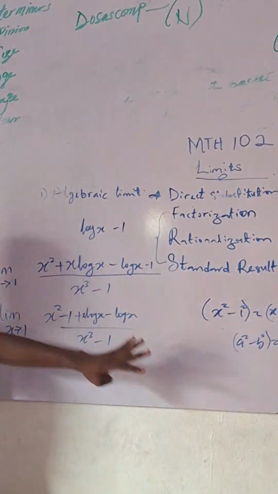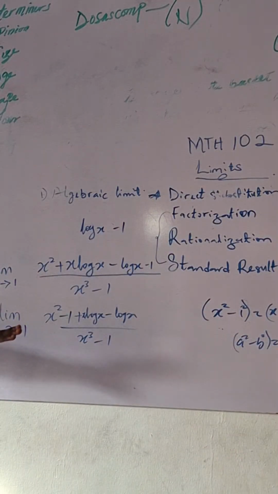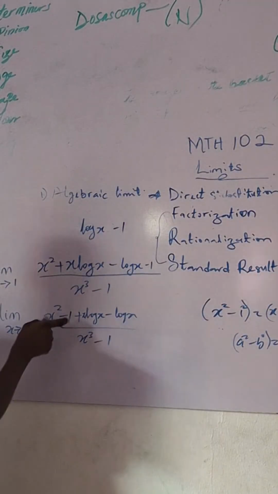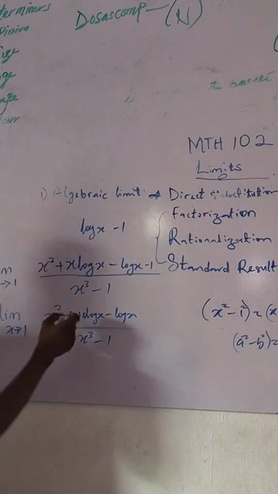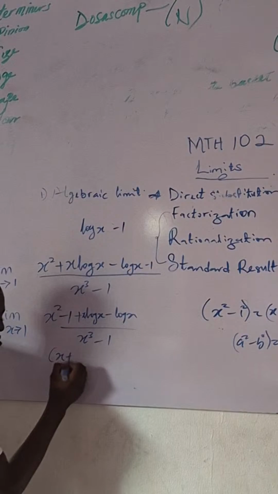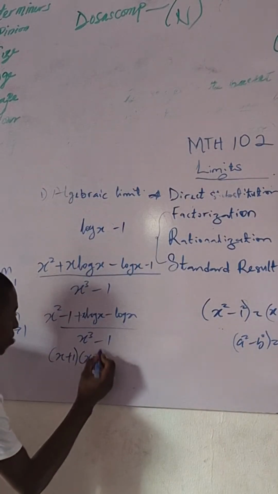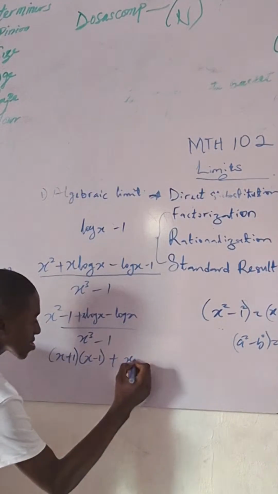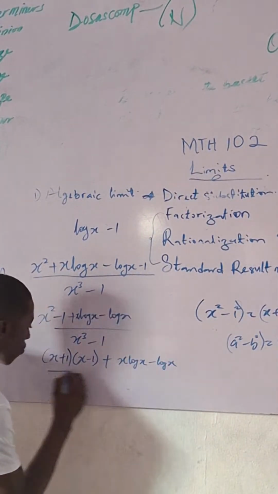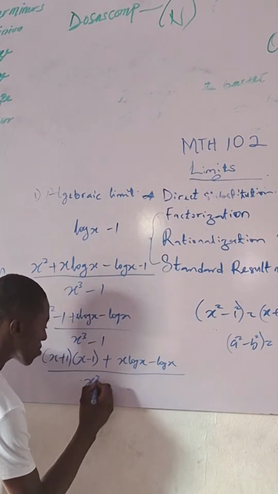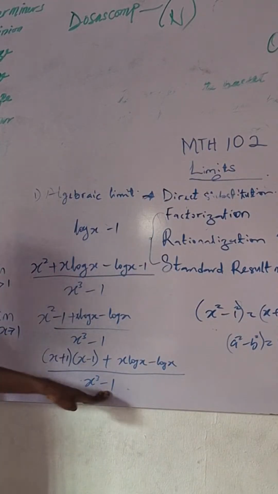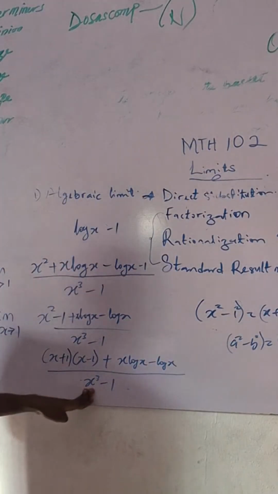So now if I write x squared minus 1, I'll have x plus 1 and x minus 1 plus x log x minus log x over x cubed minus 1. So now I can expand this one.